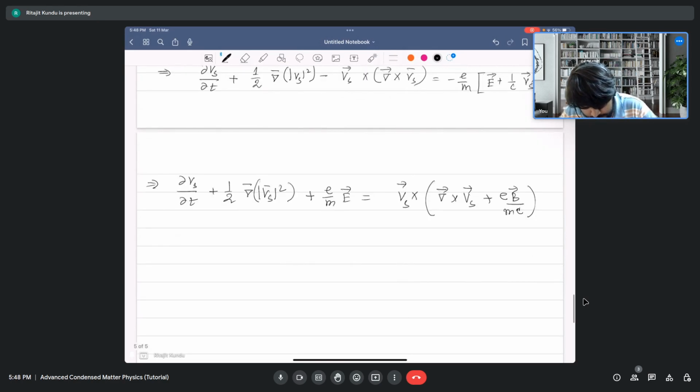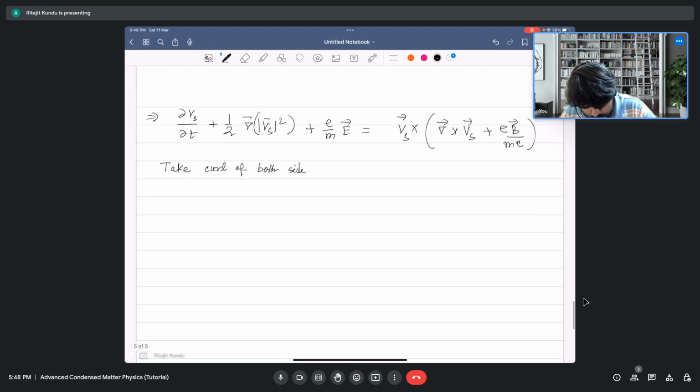Now take curl of both sides. So I'll get something like del t of, so curl and this del t commute, so I'll just plug that through, this time derivative of Vs.